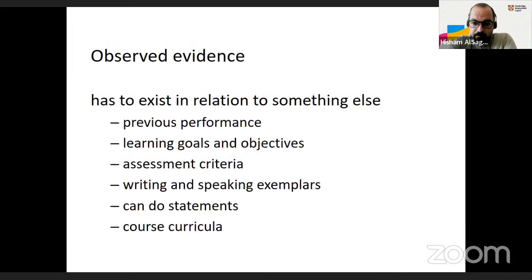When I'm observing something, I have to link it to something else, either a previous performance, an assessment criteria, a statement or a course curriculum, whatever it is, but there needs to be a proper point of reference that I observe against.